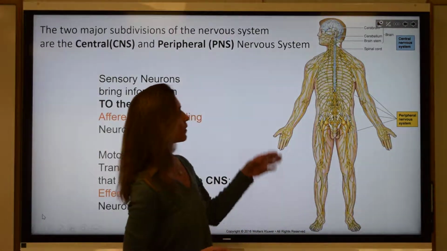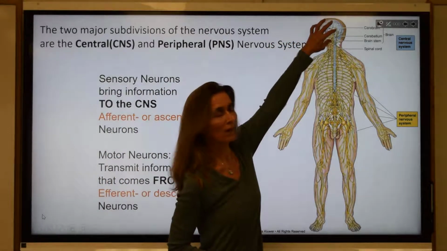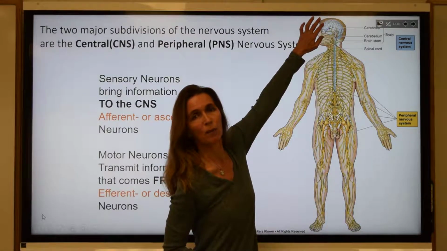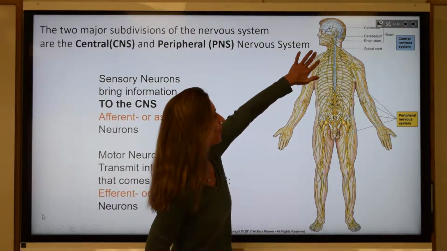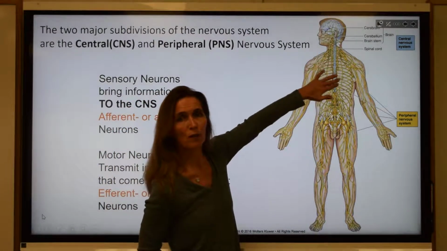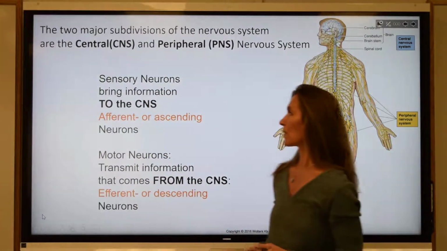As you can see in this picture here, the central nervous system consists of the brain and the spine, everything that is indicated in this picture in blue. The peripheral nervous system consists of all the extensions and the nerves that come out of the central nervous system or project into the central nervous system.